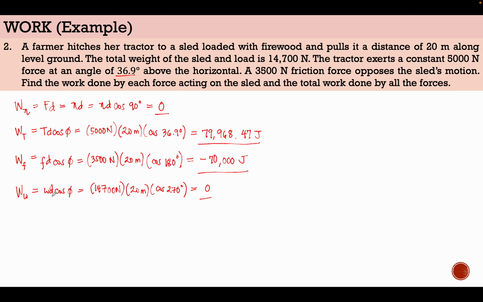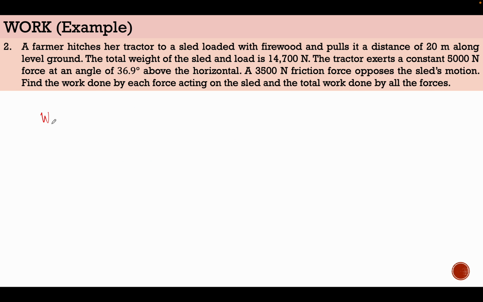So the next one is to solve for the total work done. The total work done is the sum of the work done by the normal force plus the work done by the tension force plus the work done by the friction force, plus the work done by the weight.